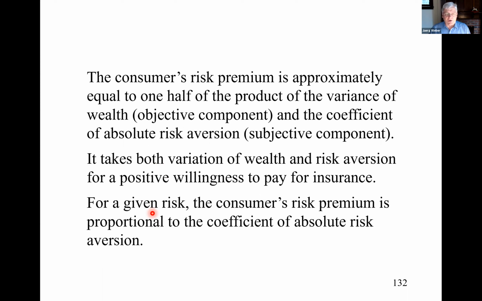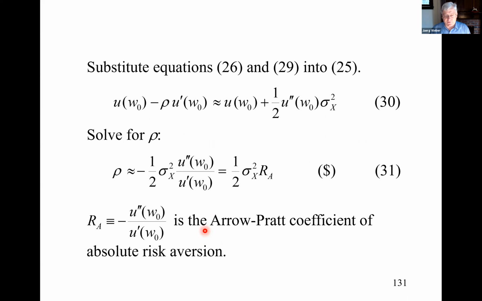Or you can say, okay, for a given risk, the consumer's risk premium is proportional to the coefficient of absolute risk aversion. Yes, that's also true. So for a given risk here, the risk premium becomes proportional to the coefficient of absolute risk aversion.